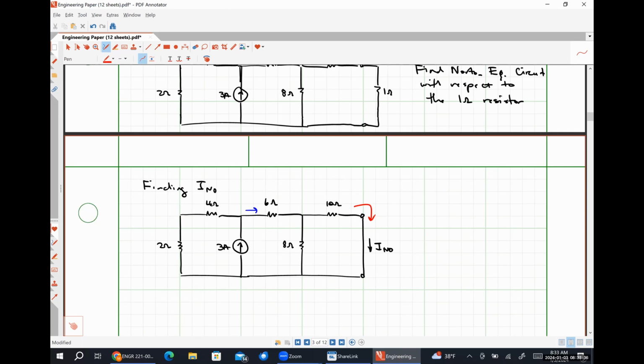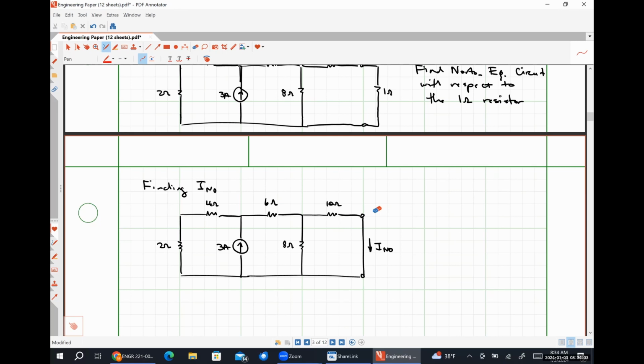Or I could just do mesh. Either of those methods will probably be the easiest. That being said, I could do a source transformation and go through whatever that entails as well, but probably not going to be as efficient as either current division twice or mesh analysis. So what floats you guys' boat this morning?